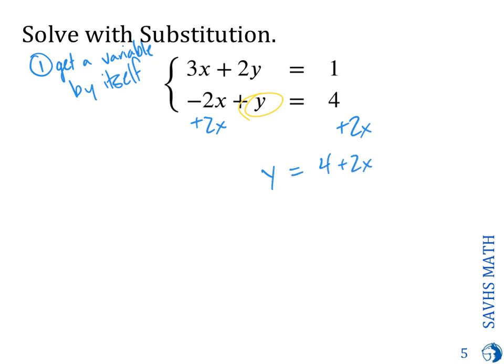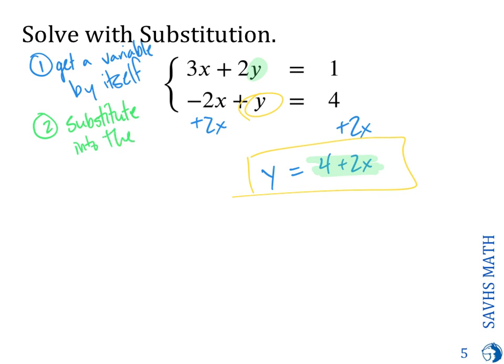Okay, I have this information now. y is 4 plus 2x. I'm going to substitute this stuff where I see a y in the other equation. So step 2 is substitute into the other equation.